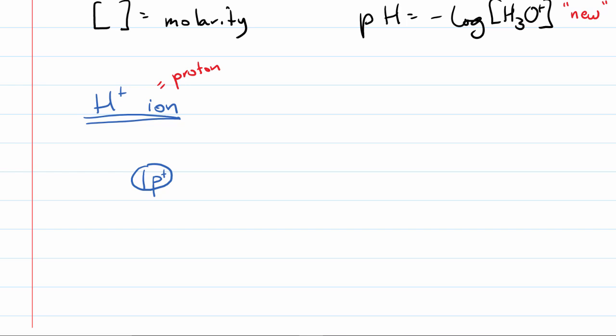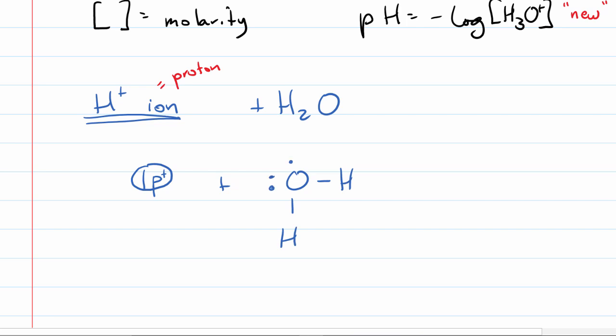negative charge. Well, it turns out that if it's in water, it seeks out molecules of water, and we basically look at a water molecule like this, and a water molecule has these lone pairs on it. And so these hydrogen ions are very much attracted to those lone pairs.